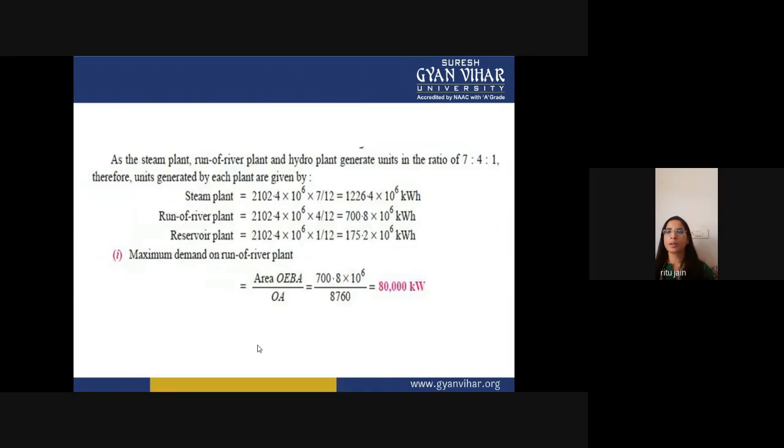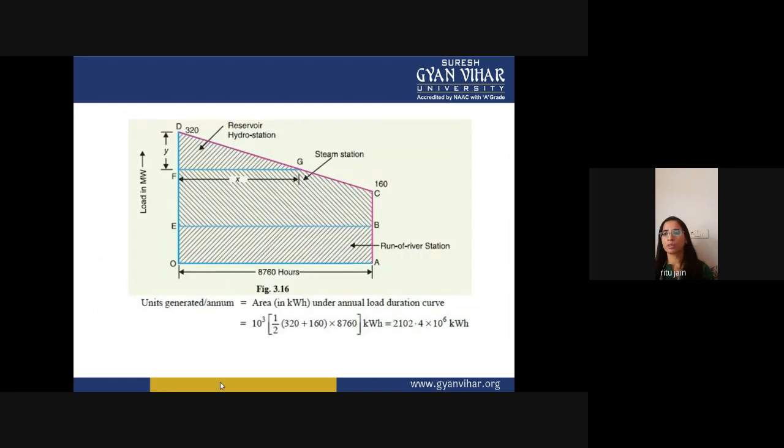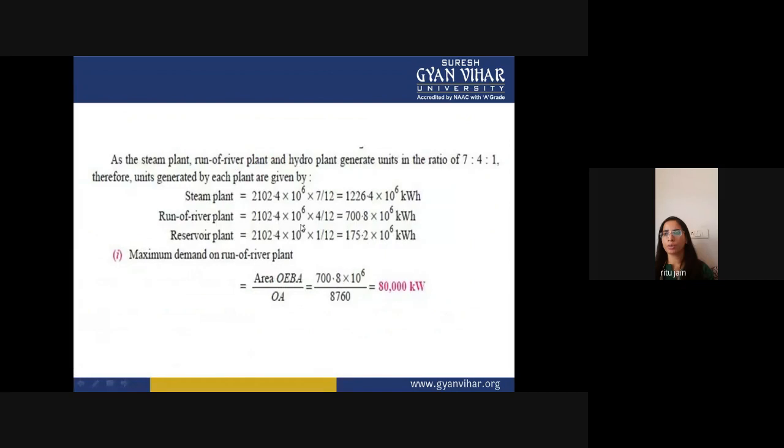As the steam plant, runoff river plant, and hydro plant generate units in the ratio of 7 to 4 to 1, therefore the units generated by each plant are given by this. This is the total unit generated by the three plants. So the individual units you can calculate by this formula.